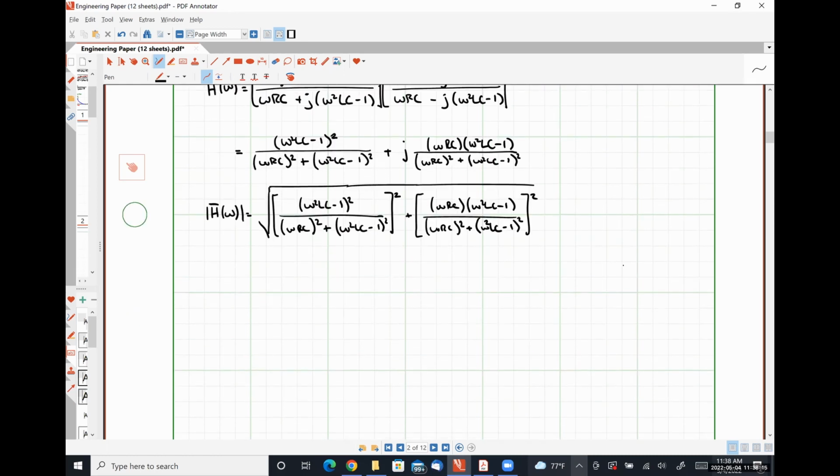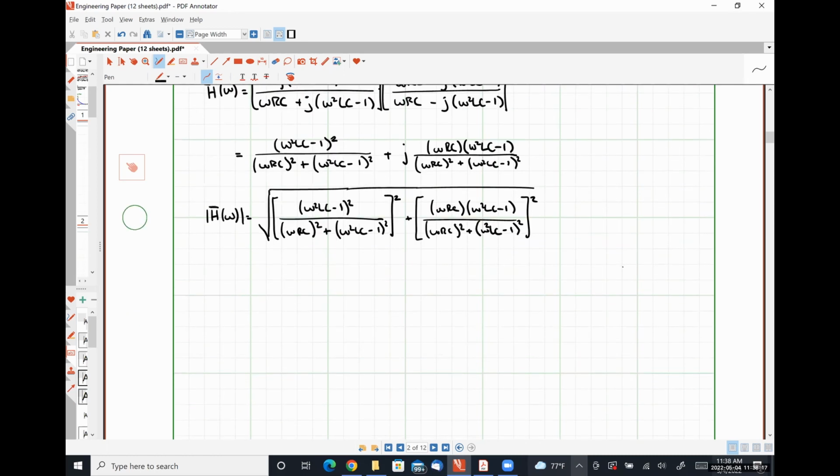And that's going to give us a denominator: omega RC squared plus omega squared LC minus 1 squared, square that whole thing.